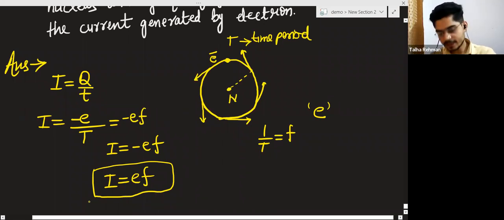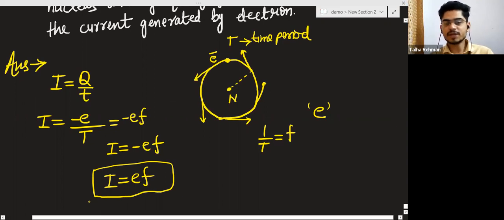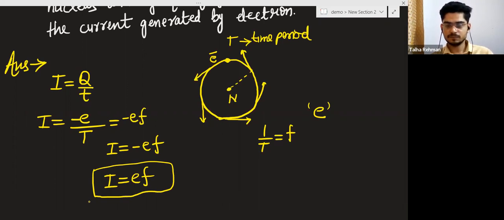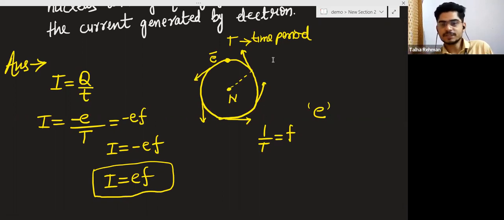So what is happening here? Here the electron is revolving around the nucleus, and electron is a charged particle. And whenever a charged particle is in motion, the current is generated. Same is the case for proton, but proton is inside the nucleus. We know that proton is inside the nucleus.